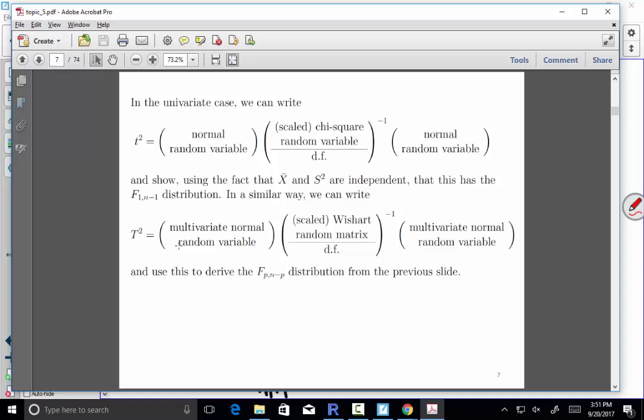T-squared, similarly, is multivariate normal, times the multivariate version of chi-square, which is called Wishart, inverted, times multivariate normal. That is the source of the mathematical relation that gives rise to that actual F distribution. If you take something like Stat 414, 415, or 610, 611, that's the type of mathematical statistics you would learn.